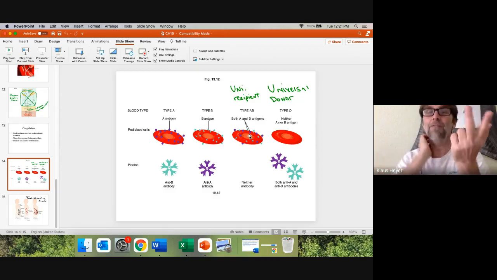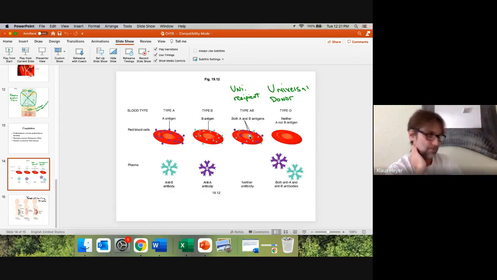They have the A, they have the B, and they have the RH. But they're the universal recipient, right? They can get blood from anybody, no matter who gives blood to an AB positive. Nothing's going to be foreign. It's nothing they haven't seen before. So that's how that works.